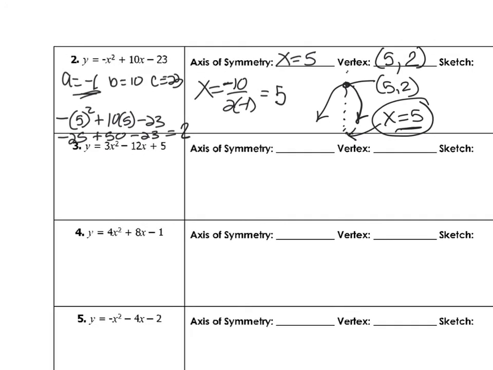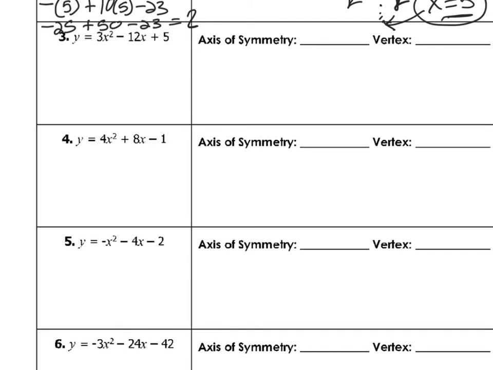All right, let's look at number 4. A is 4, B is 8, and C is -1. So the opposite of B, so -8, divided by 2 times A, so 2 times 4, so that'll be -1.